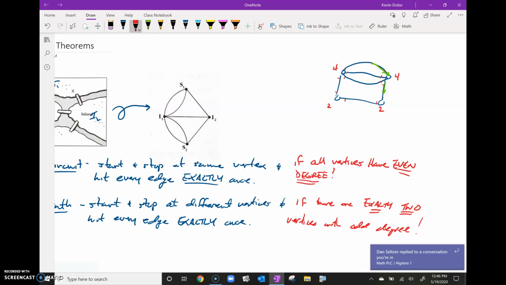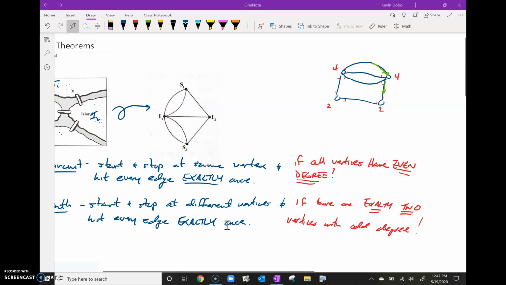If there are exactly two vertices that have an odd degree, then I know for a fact that there will be an Euler path, which means I can go around the graph and hit every edge exactly once, but I just can't stop where I started. So that's really the difference in the reading.